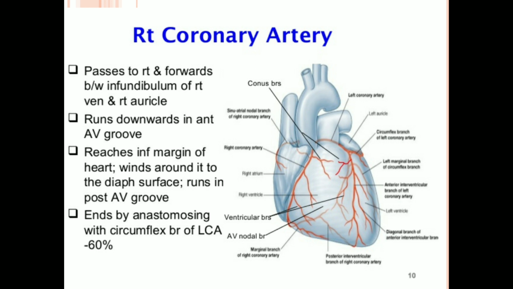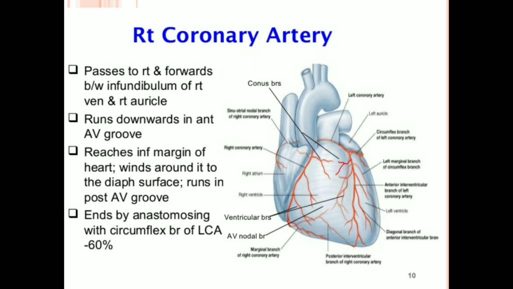If I tell you the course again, the artery appears between the right auricle and the pulmonary trunk, and then it passes in the anterior atrioventricular groove. It descends obliquely downwards towards the lower part of the right border, curves round its border and enters the posterior coronary sulcus, or posterior atrioventricular groove.